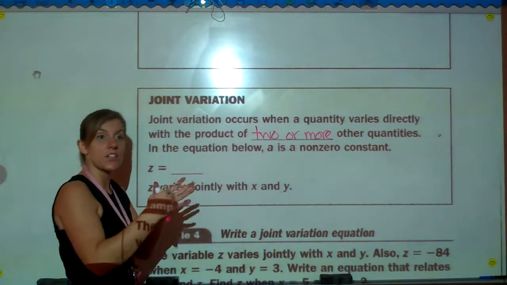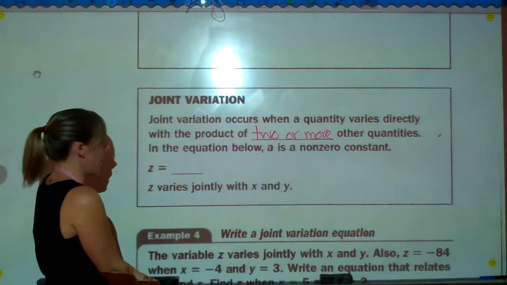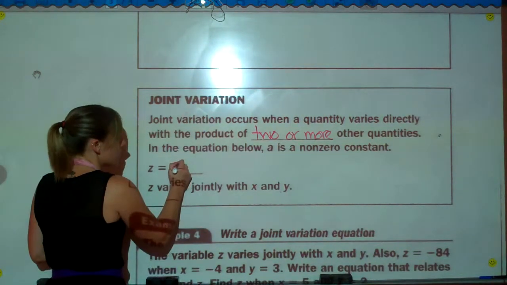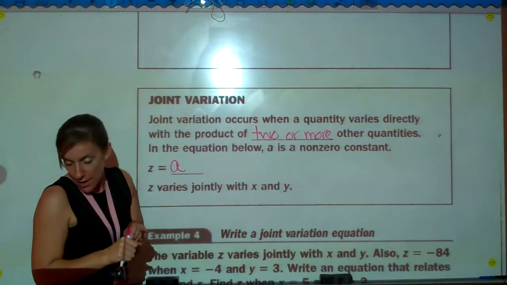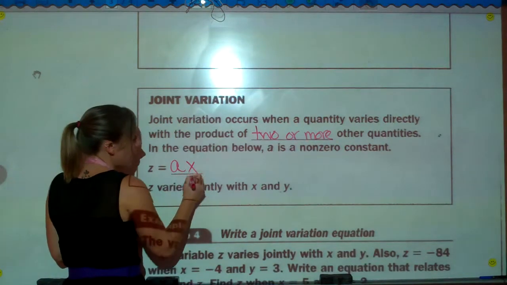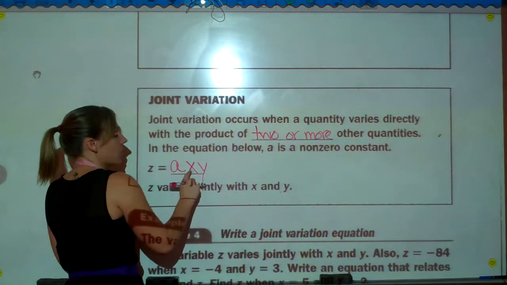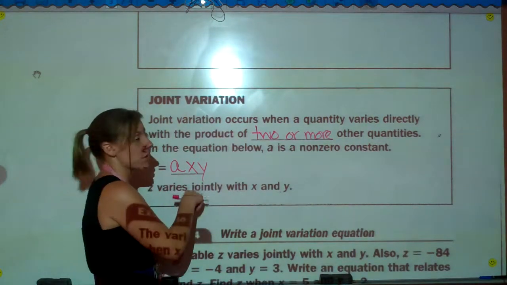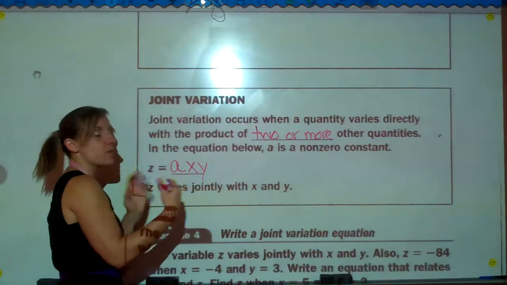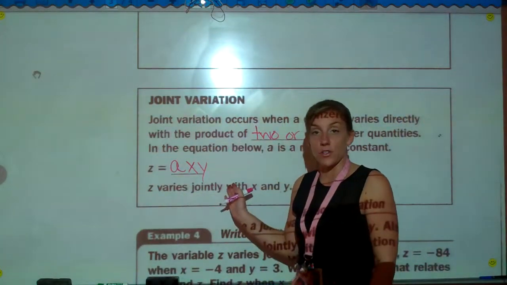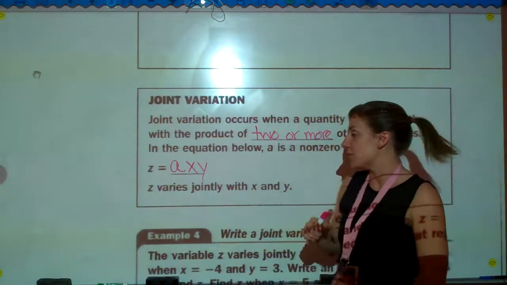So it's direct variation with a few more variables, okay? In the equation below, A is a non-zero constant, so A is still the constant, but then instead of just times X, it's also times Y, so two or more. So it could be X, Y, and Q, or X and Y, or it could be any combination of those. So it's very, very similar to direct, it's just there's more pieces to it, okay?